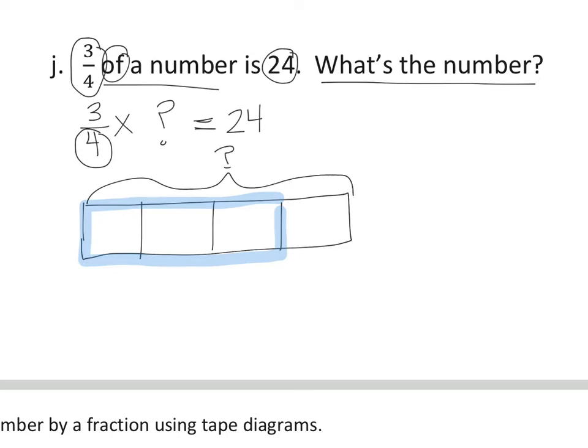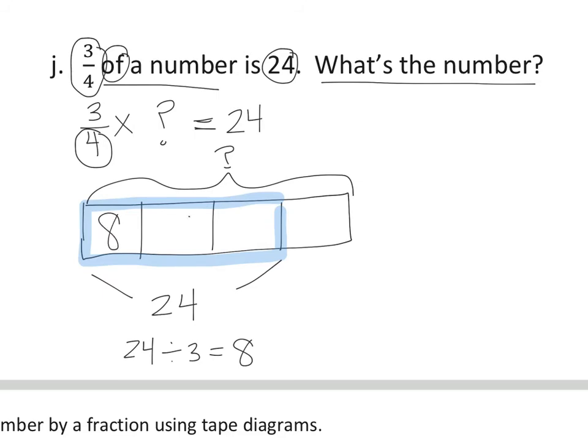But these 3 boxes right here equal 24. And since each box is going to be the same number, we're going to evenly split 24 up into 3 boxes. So we're going to do 24 divided by 3, which in each box will be 8.